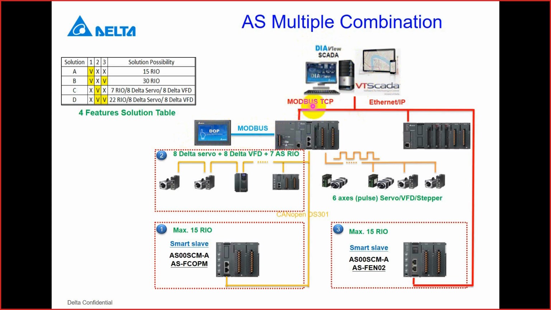So you can use either Modbus TCP or Ethernet IP. And this portion, I think we just mentioned, you can control up to 6 ASs. And for the CANopen portion, add servo and add VSD and 7 remote I/O. So you can see this is the second solution.